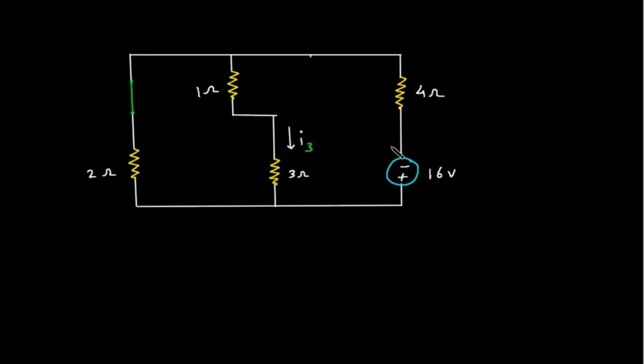So to find I3, first we will find this current. As we can see, this 2 ohm is in parallel with this 1 plus 3, which is 4 ohm.